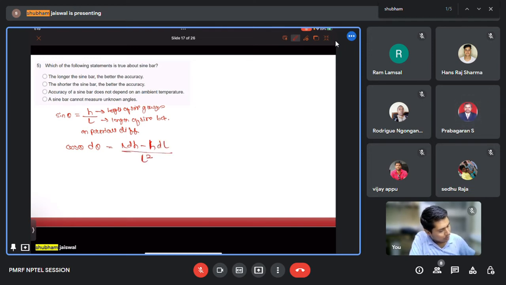If I multiply the first term by h by h, I get cos theta d theta is equal to h by L into (dh by h minus dL by L).